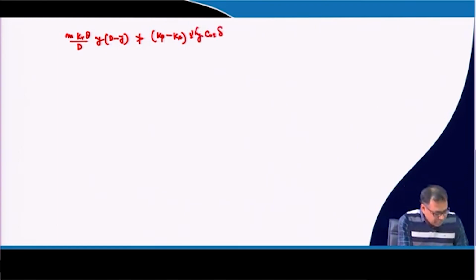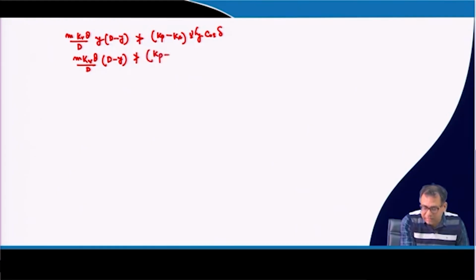Or further we can write m k v theta divided by d; y will cancel out, and (d minus y) should not be greater than (Kp minus Ka) gamma dash cos delta.